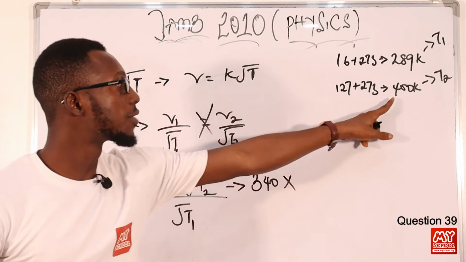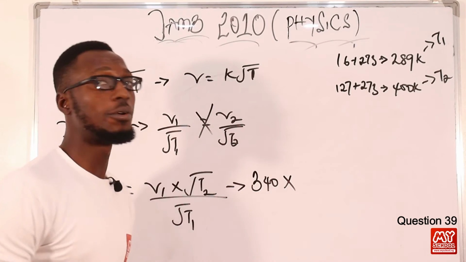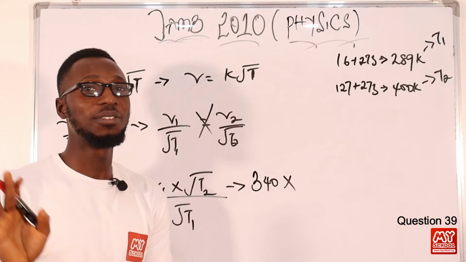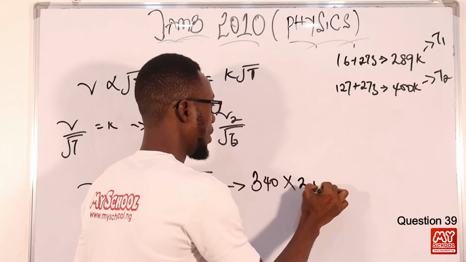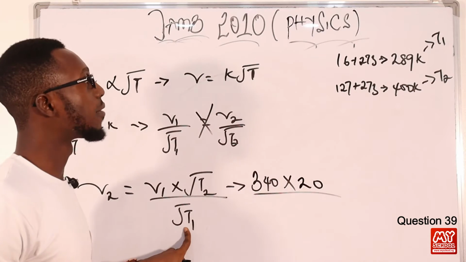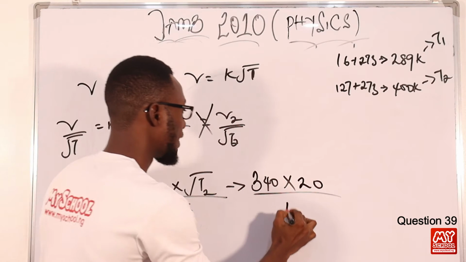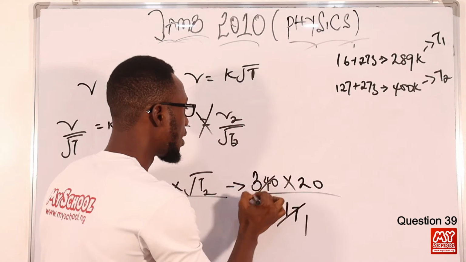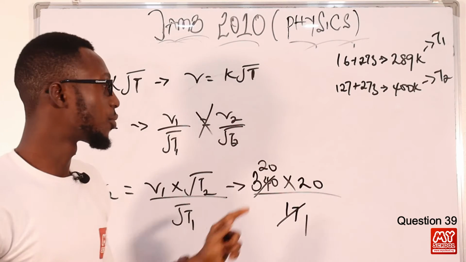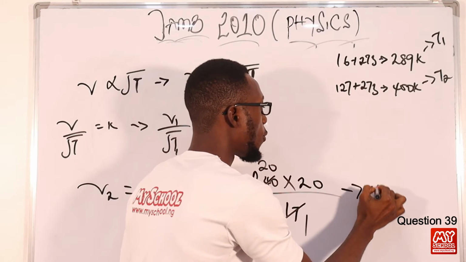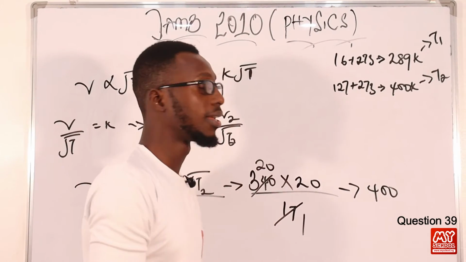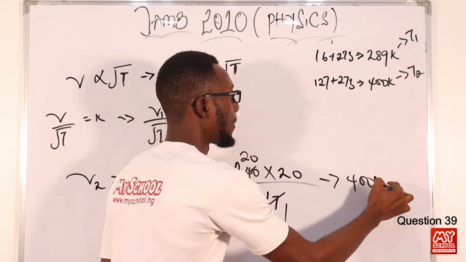T2 is 400, so the square root of 400 is 20, since 20 times 20 gives 400. This is over the square root of T1, 289. The square root of 289 is 17. So 340 over 17 is 20, and 20 times 20 gives us 400 meters per second.